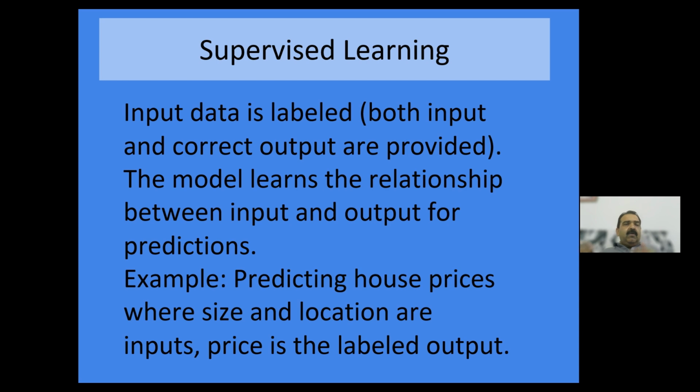Because the output, that is price, is given, and various criteria like number of bedrooms, area, and crime rate are also mentioned, the model can predict the future price of the house. So input is also given and output is also given, and all are labeled. When everything is labeled, including the output, it is supervised learning.